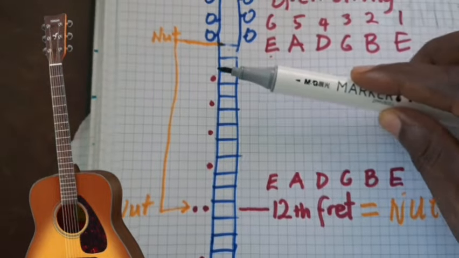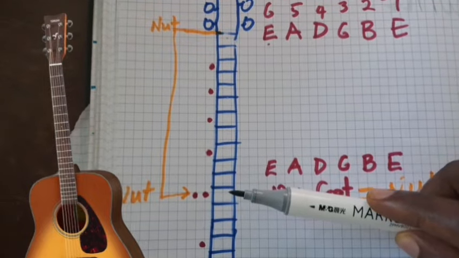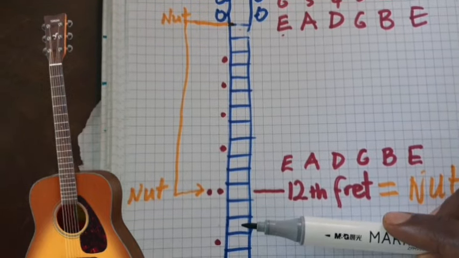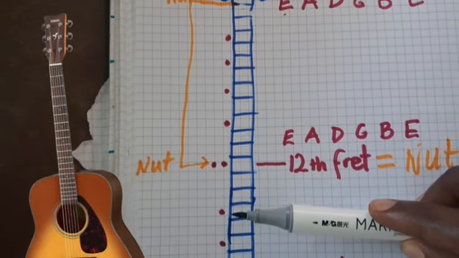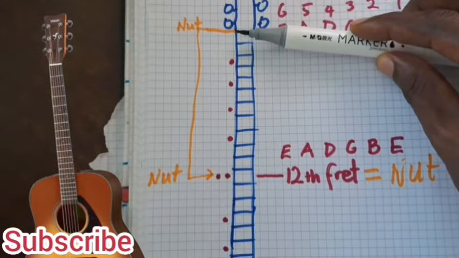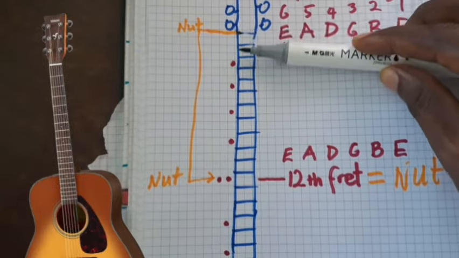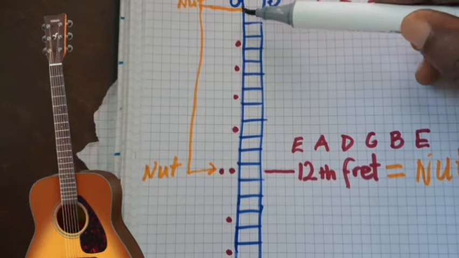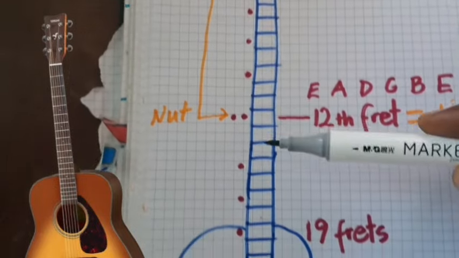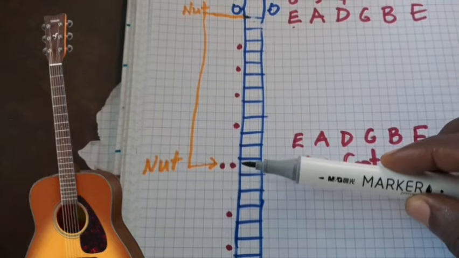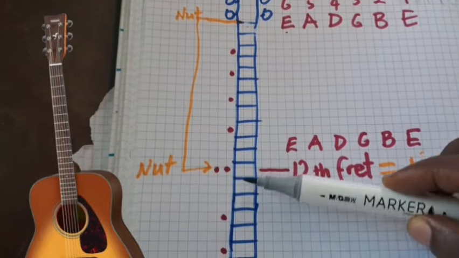The same thing, after this fret or after this knot, we also have 2 empty frets before the next dot. So here we have 2 frets that are free, and here we also have 2 frets that are free.